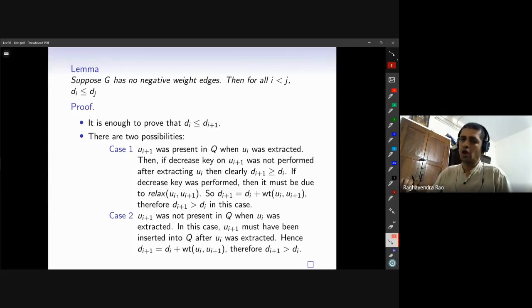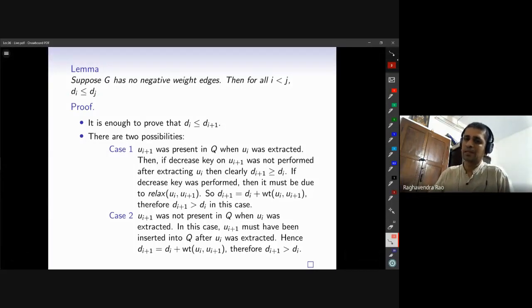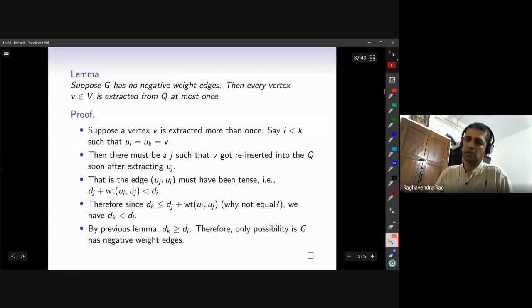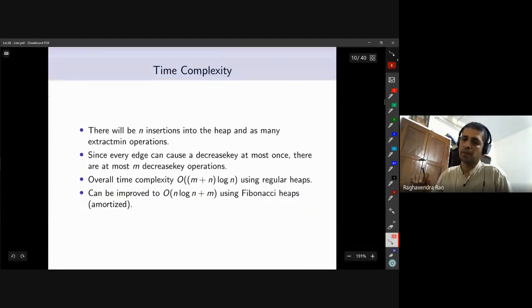What we saw was, if the graph has no negative weights, then if you look at the order in which vertices are extracted from the queue, the distance from the source vertex to that vertex keeps on increasing. Using that, we can prove that every vertex will be extracted from the queue at most once, and hence it will be inserted into the queue at most once. So that basically gives us the running time bound.